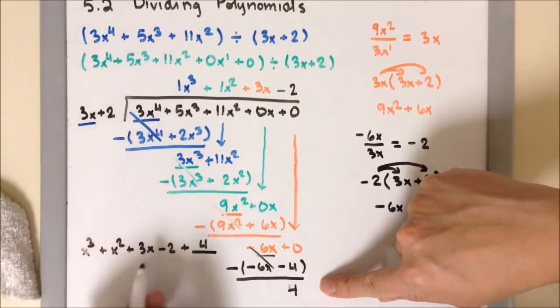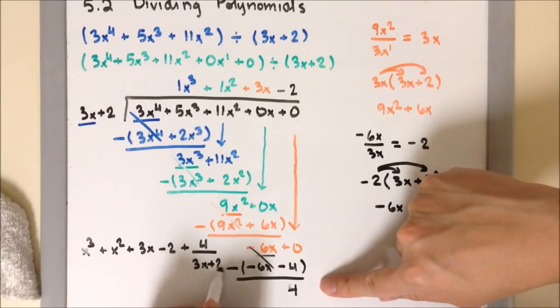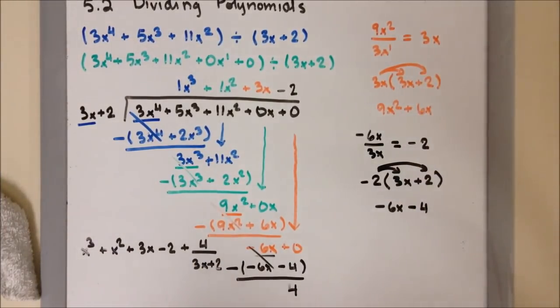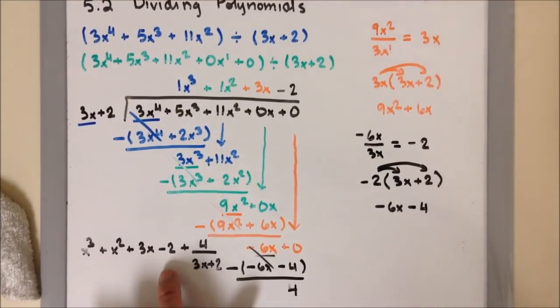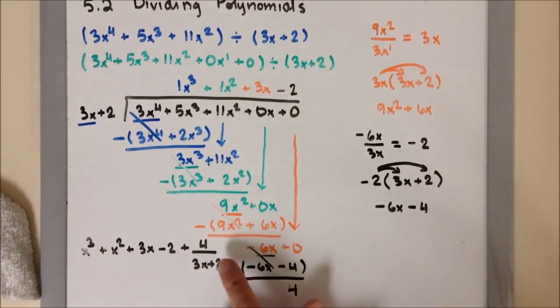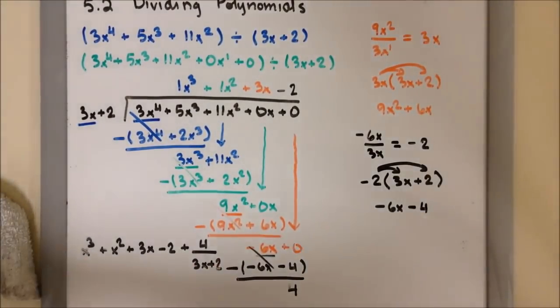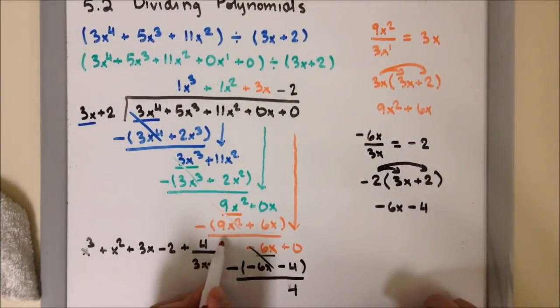My denominator will be my divisor, so 3x plus 2. So our final answer is x to the third plus x squared plus 3x minus 2 plus 4 over 3x plus 2. So that's going to be our final answer. Let me box that up.